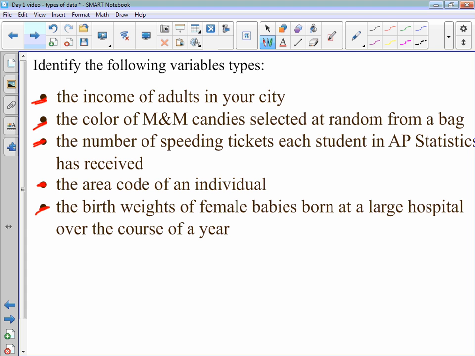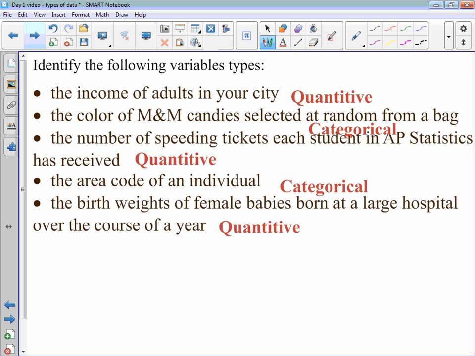All right, if you've unpaused, then here are the answers. The income of adults in your city is a quantitative variable. It's something that we can measure. It's not a category. The color of M&Ms, though, is categorical. There are red, blue, green, brown, and orange M&Ms. Those fit into categories.